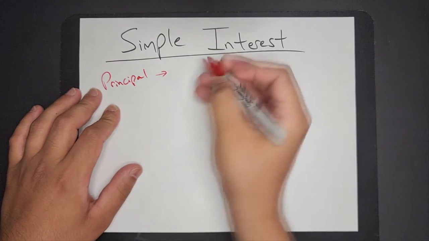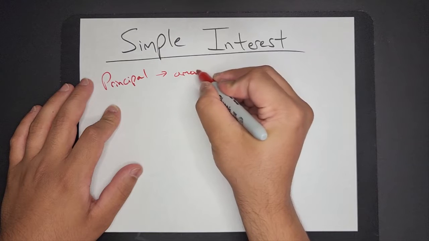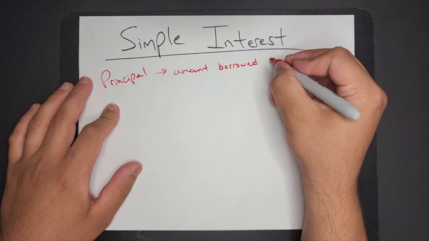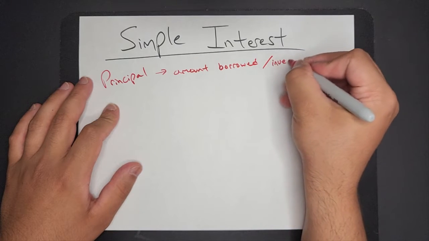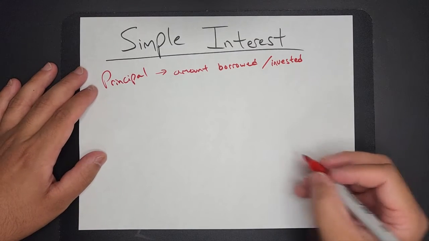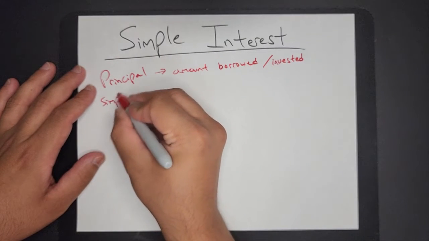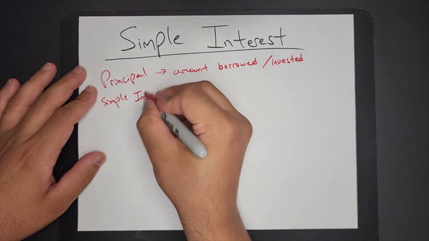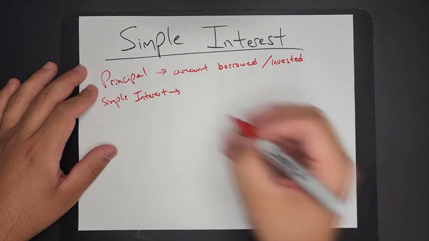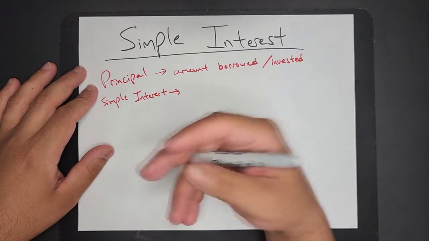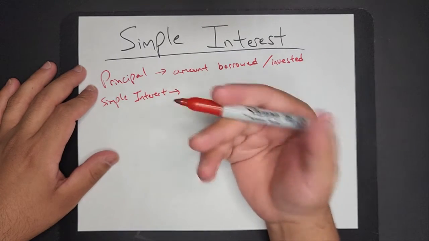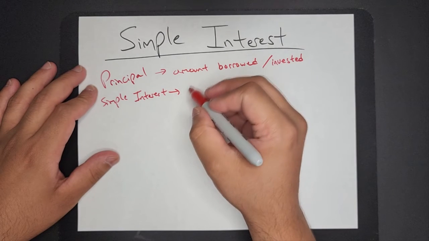Principal is the amount borrowed or invested. And then let's look at simple interest. And that, by definition, is the interest earned or paid only on that original sum of money that was invested or borrowed.